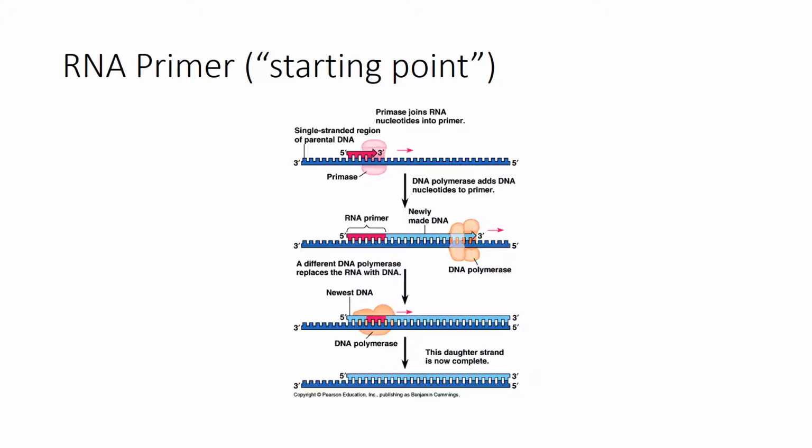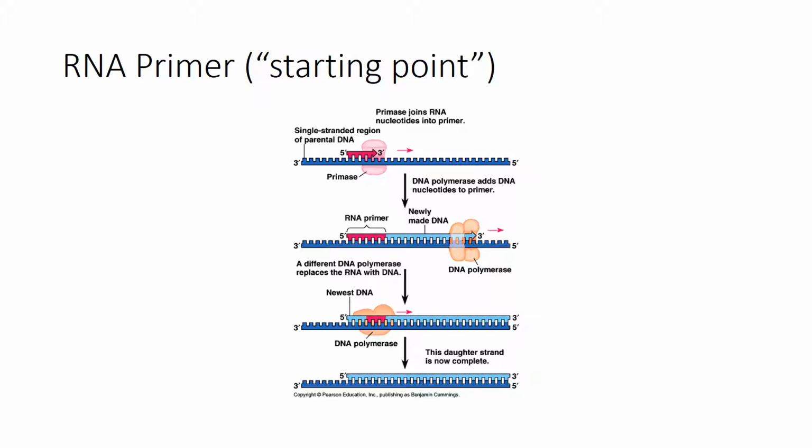And so what has to happen before DNA replication happens is that an enzyme called primase is going to come in and lay down a short 3 to 5 nucleotide sequence, or starting point, for DNA polymerase to attach to. And once that's on there, DNA polymerase can come down, attach to that RNA primer, and start to build the new copy of the DNA based on base pairing rules.